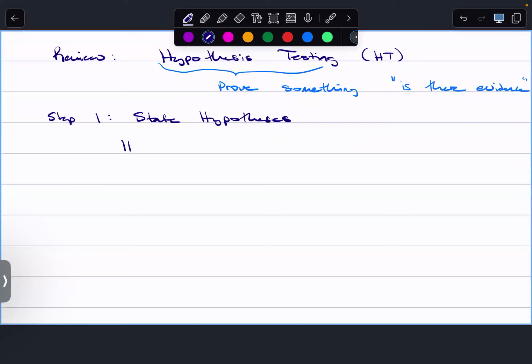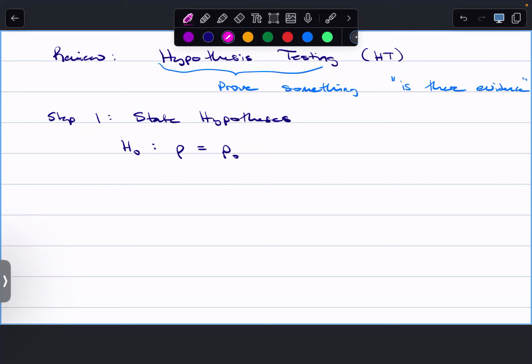What that's going to look like is you've got your null hypothesis, which is a statement, and it has to be a statement about the population. Because we have categorical data, the population parameter is the population proportion in this case. And we want to know, how does it compare to some value P naught?